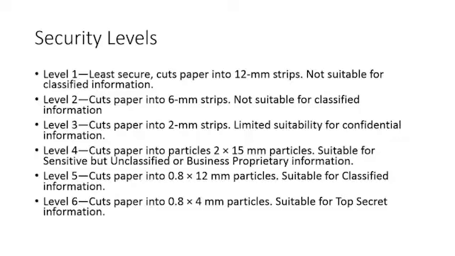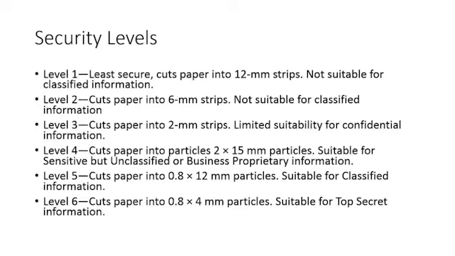Now, there are different security levels that you may have to meet, according to your organization, if you work for the military, government, your enterprise, your organization, or just your home. So we have levels 1 through 6. Level 1 is the least secure. It cuts paper into 12mm strips.